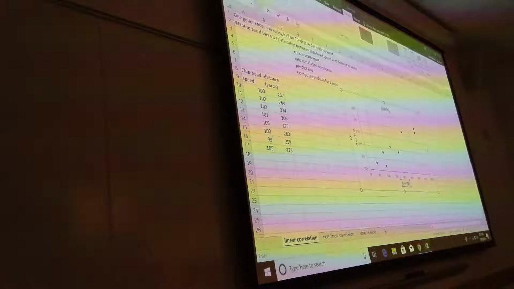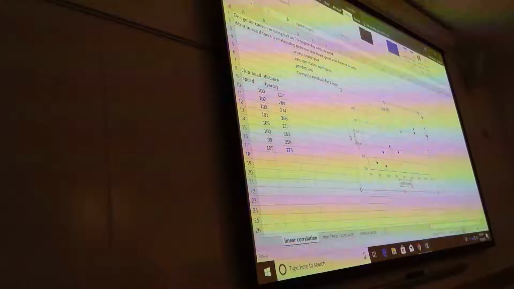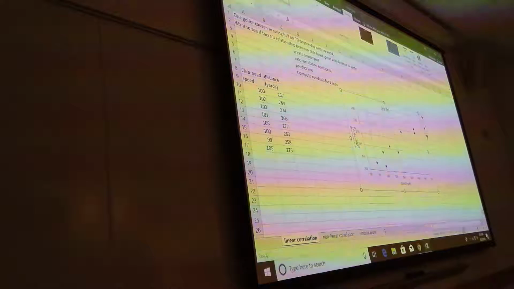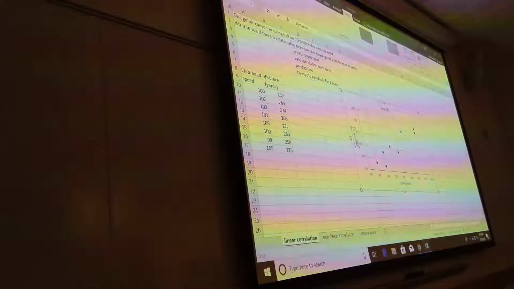And we probably ought to put miles per hour so we know what we're talking about, right? And over here we're going to put distance. In what's the unit? Yards. That would be very helpful.